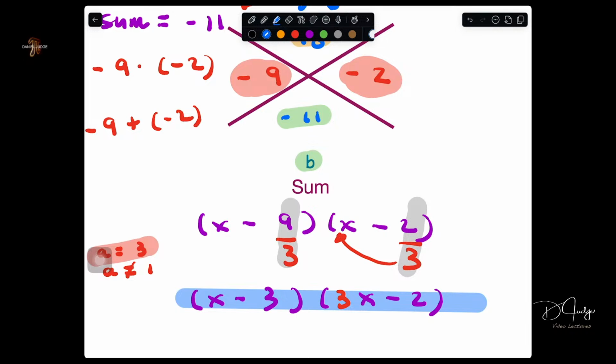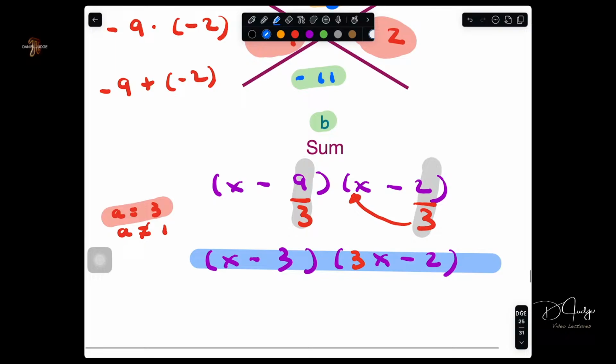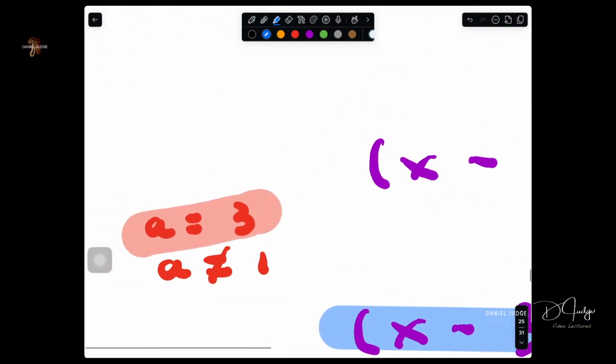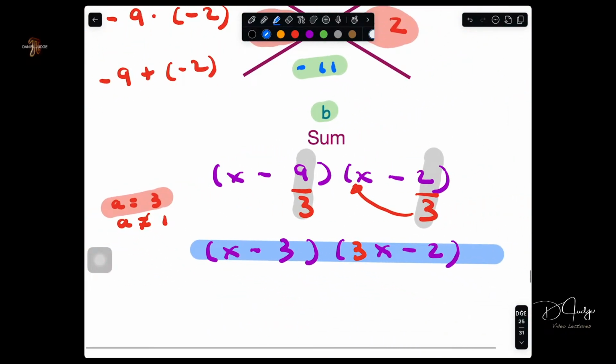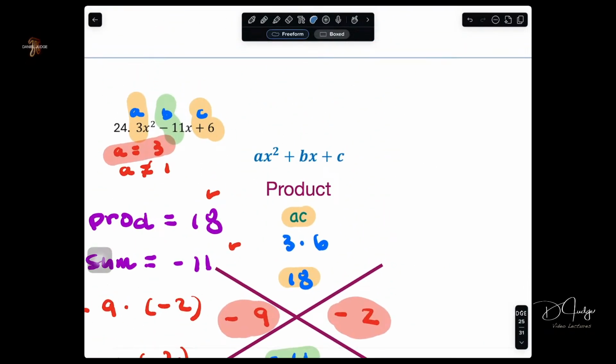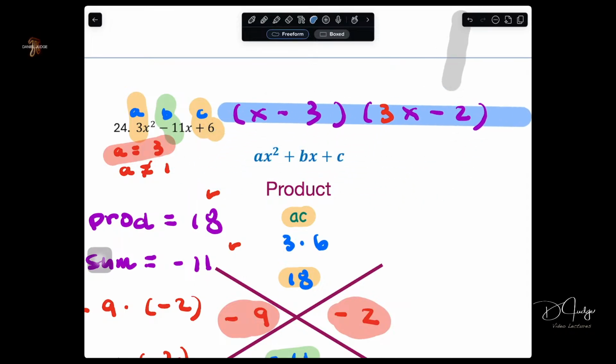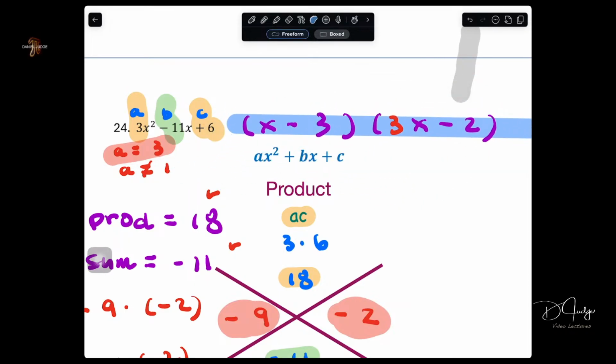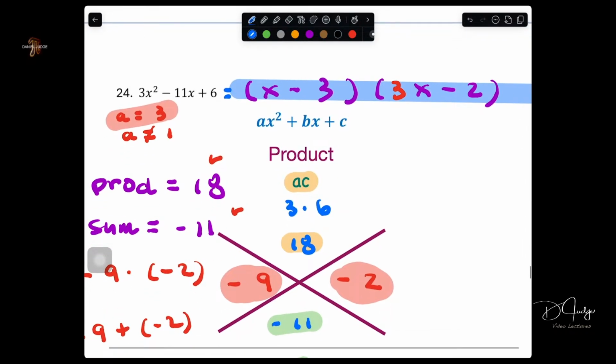And you do that when A is not 1. A is the value 3 here. So you're done there. You have factored by the crisscross method. Let's just put it up here so you can see it all together. Okay. There it is.